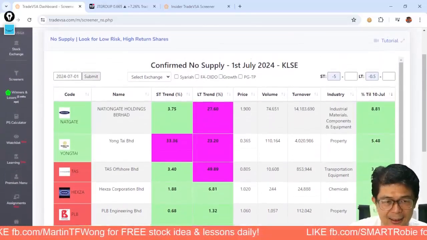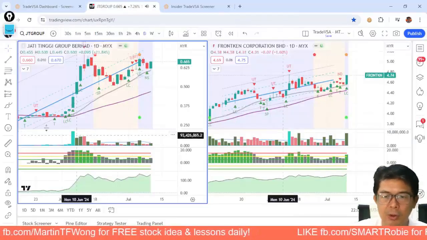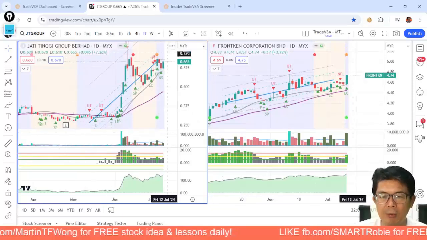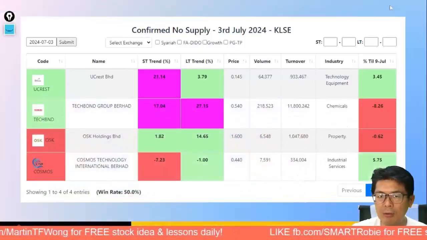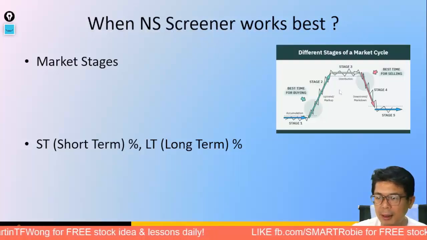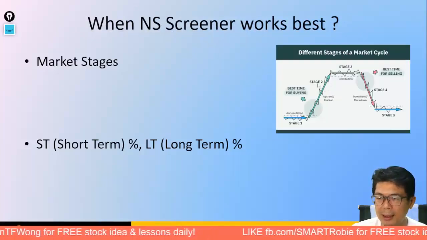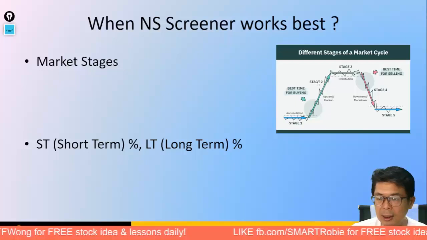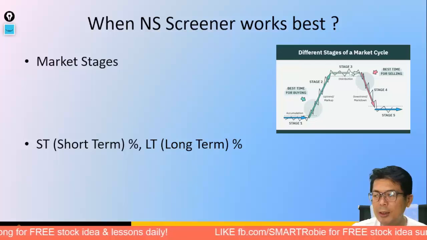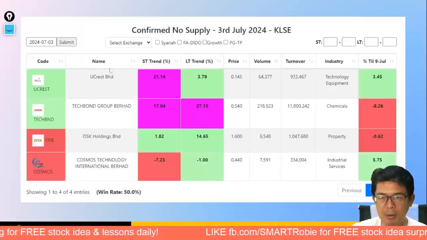The way to enter NS, if you look at this one in here, is still pretty much the beginning of an uptrend. If you look at the market stages, we may be somewhere around here. So just be careful, because I don't think it's in distribution in here unless the market breaks some more here.